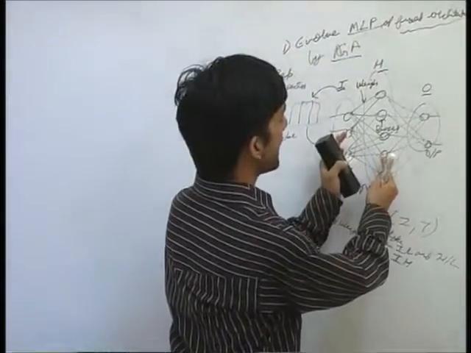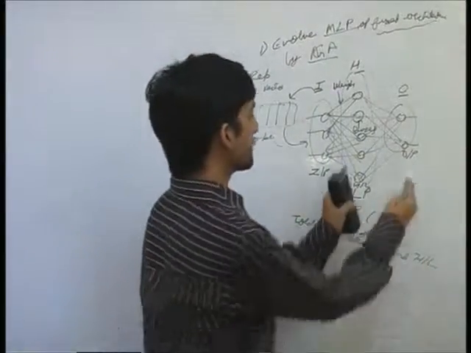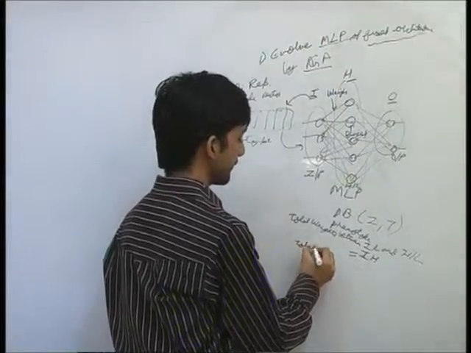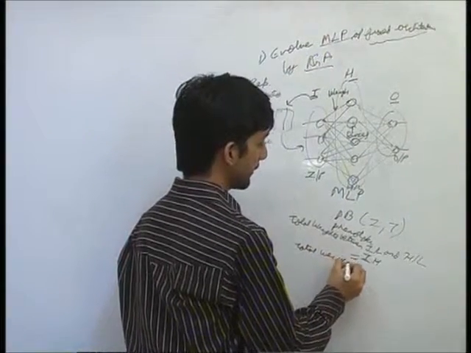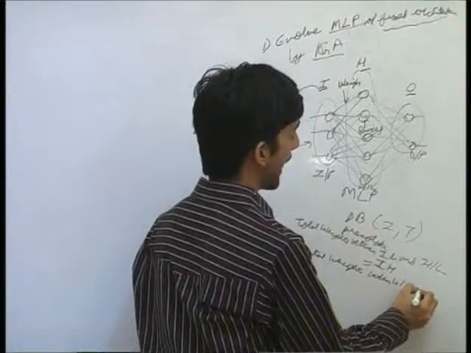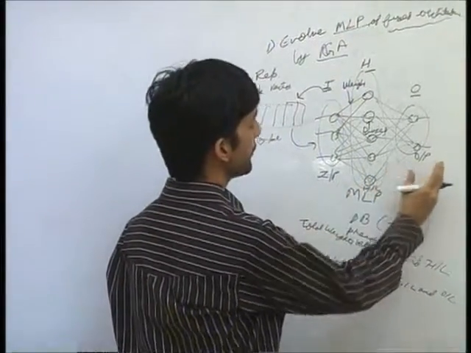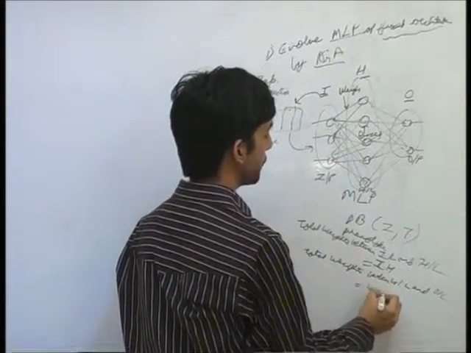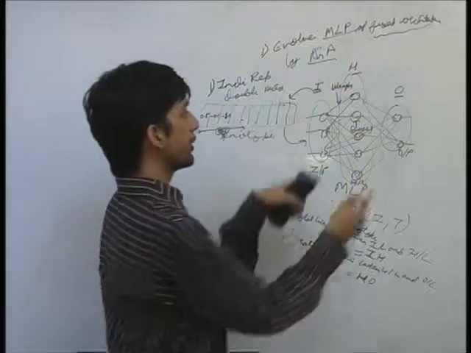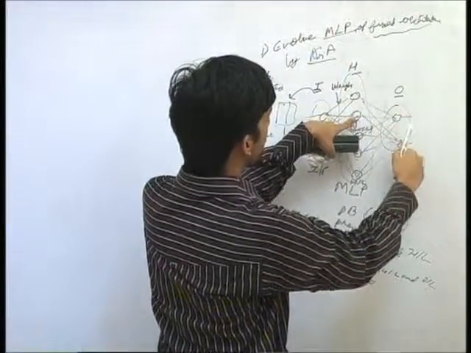So this part, the weights, is done. I move to the next part. There are H neurons. The total weights between the hidden layer and the output layer will be H into O, as there are H neurons here and O neurons over here. So I note down this weight first, then this weight, then this weight.